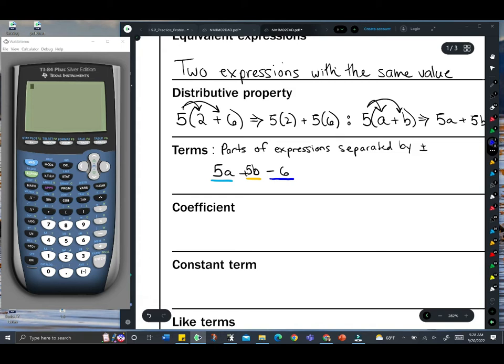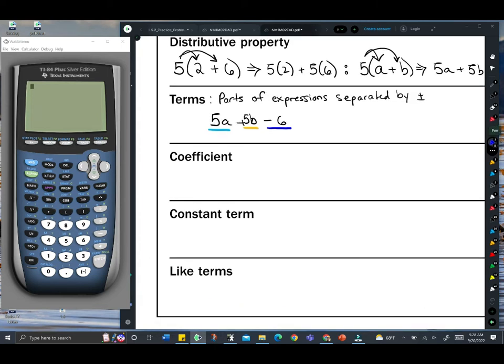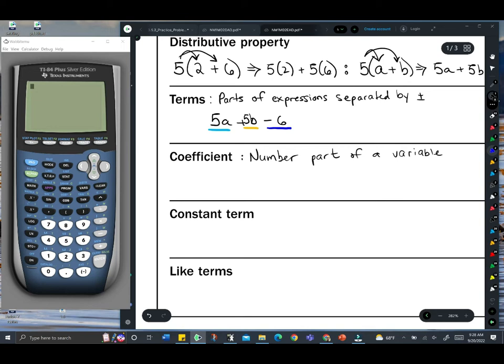Within those terms, we have different types. One type is known as the coefficient. Coefficient is the number part of a variable term. A variable term is going to have a variable with it.